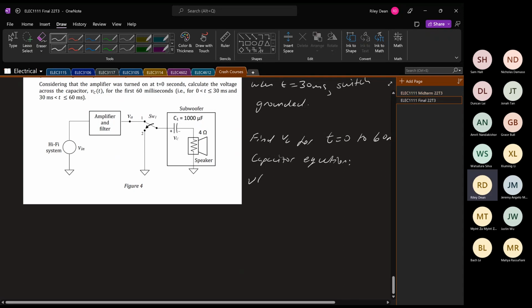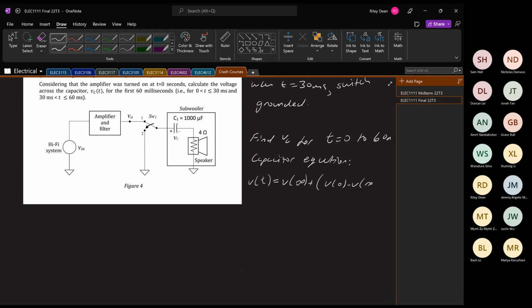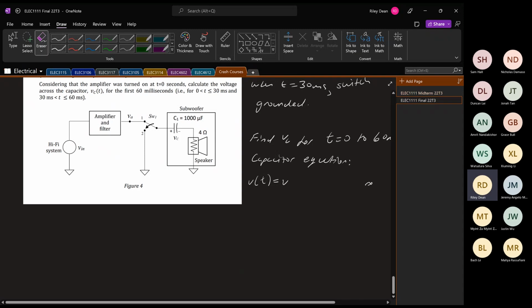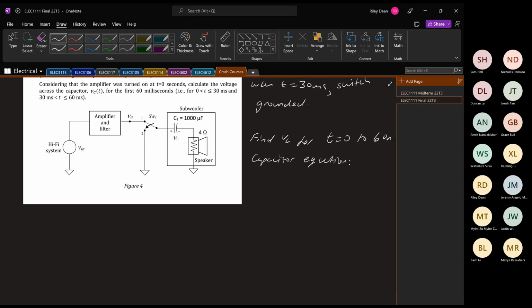But essentially, what we get is V(t) is equal to V infinite plus V0 minus V infinite, and that's multiplied by, I'm just going to move it slightly down so I can fit it all in, e to the minus t on tau.